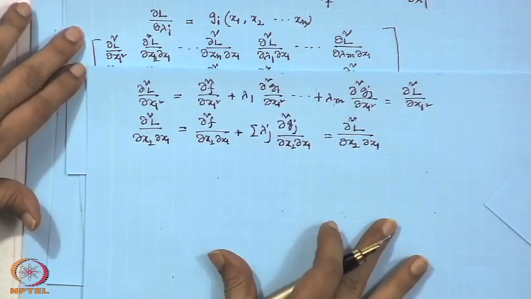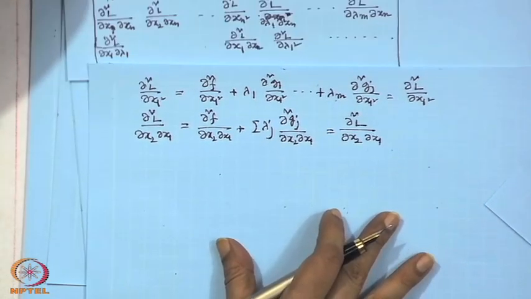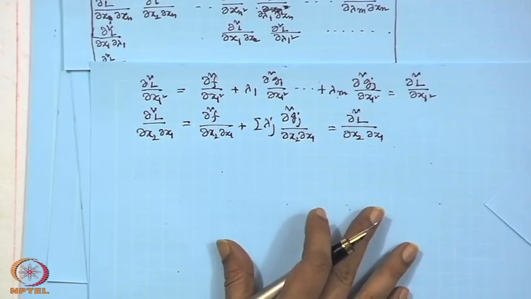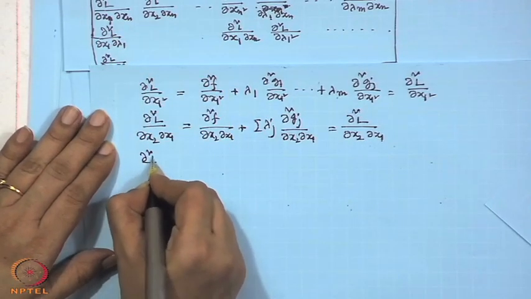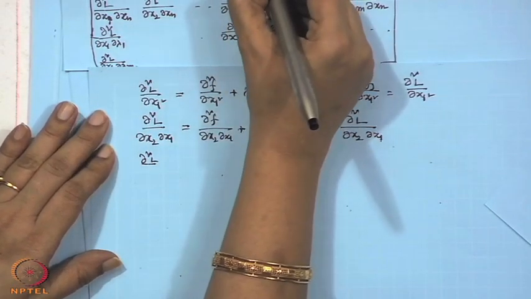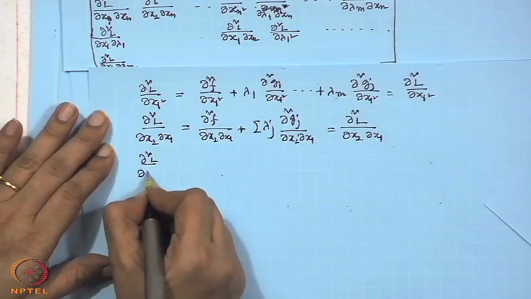Now, in this way, if we move further and further, we will see the last term, that is del 2L by del lambda 1 del x1.